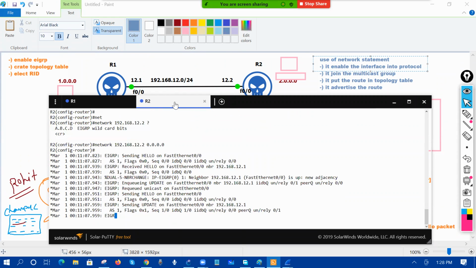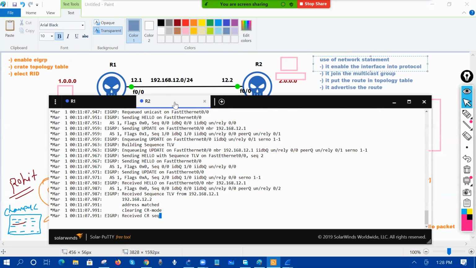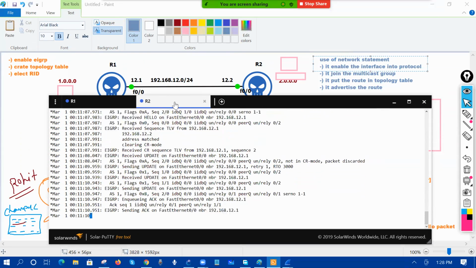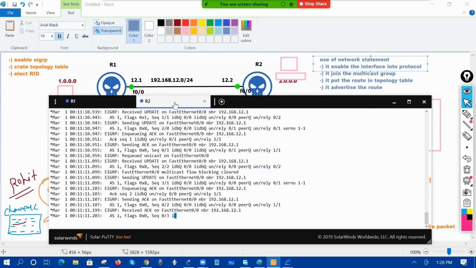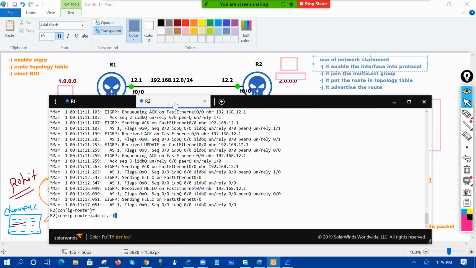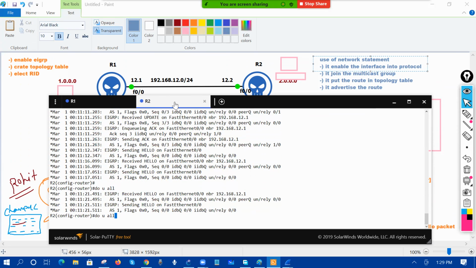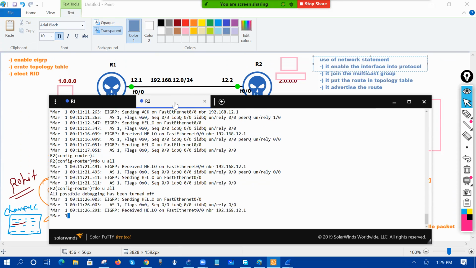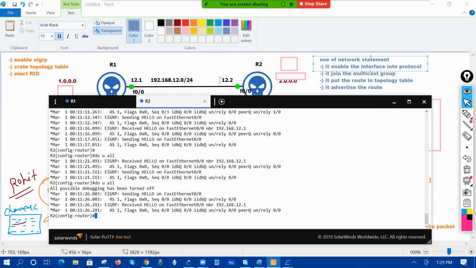Now what happened? Once both routers exchange the hello packet, sending and receiving, they will form the neighborship. Can you see that? Now this router R2, this interface has joined the multicast group.